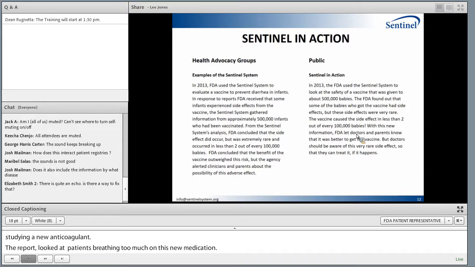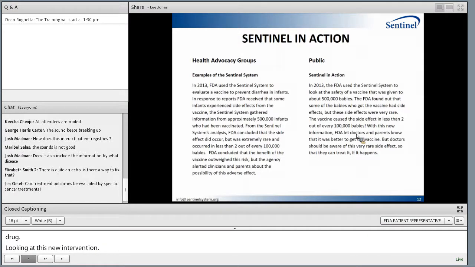The result was that the new intervention was no less safe than the older treatment, and thus patients could continue taking the newer medication while additional studies were monitoring the safety of the newer product.